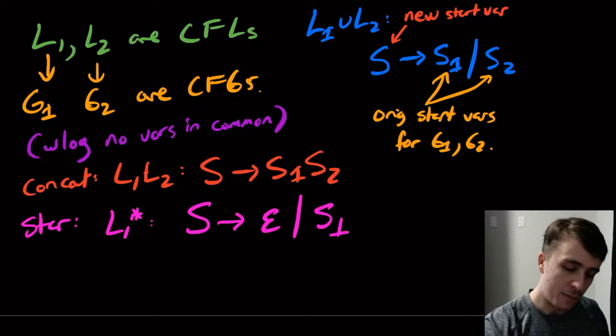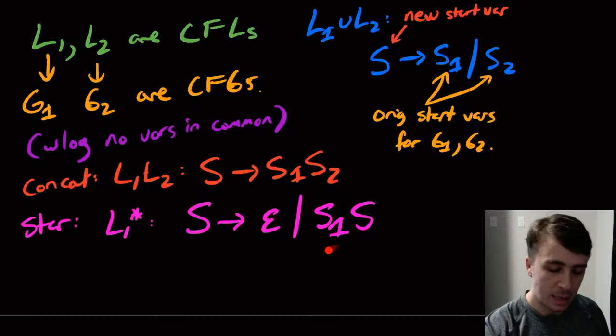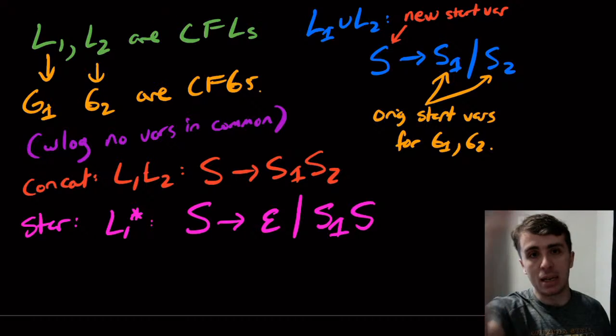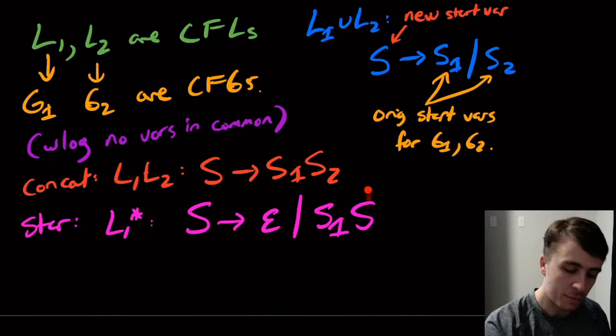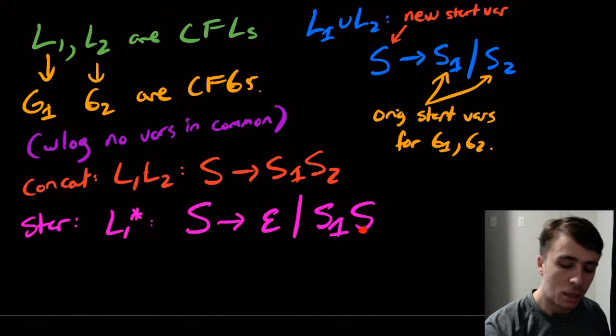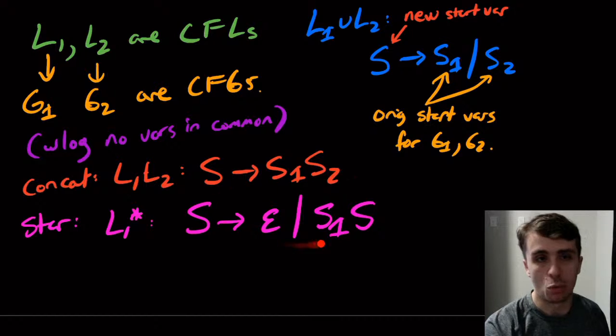So I'll have S1 followed by S. And this works mainly because it's kind of like how we did star for NFAs when we had the final state and went back out to the new start state. That's very similar to what we're doing here. We can go through the machine, the grammar in this case, and come back to the beginning and go through again as many times as we want.